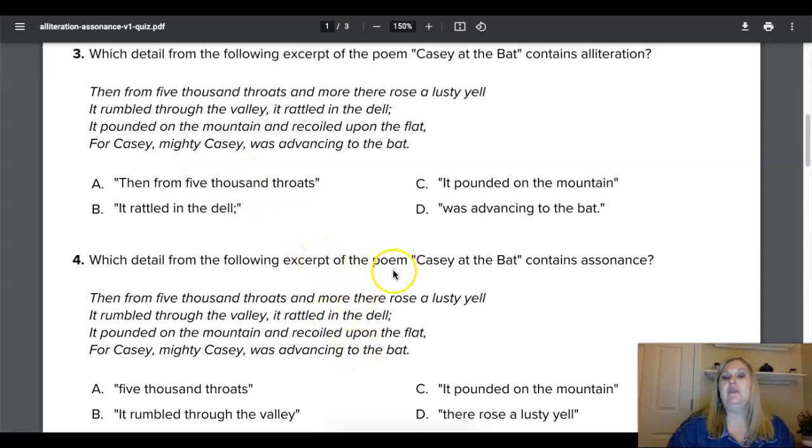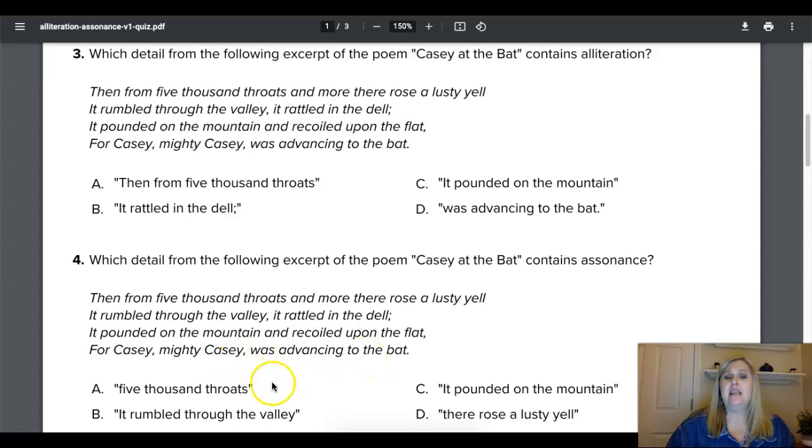Which detail from the poem contains assonance? Remember, assonance is when words use the same vowel sounds in the middle of the words. They sound the same. So the stanza says, then from 5,000 throats and more, there rose a lusty yell. It rumbled through the valley, it rattled in the dale, it pounded on the mountain and recoiled upon the flat, for Casey, mighty Casey, was advancing to the bat.